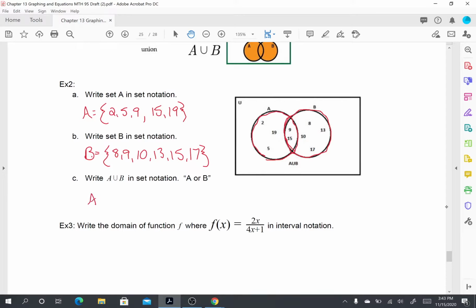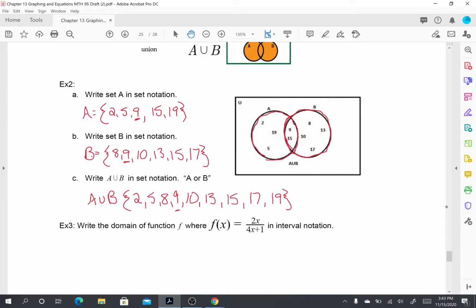So A union B is the set of, we'll start with the smallest number again, 2, 5, 8, 9, 10, 13, 15, 17, and 19. I might have missed one, but I think I got them all. You'll notice that even though 9 was in set A and set B, I'm only writing it once. The same goes for 15.